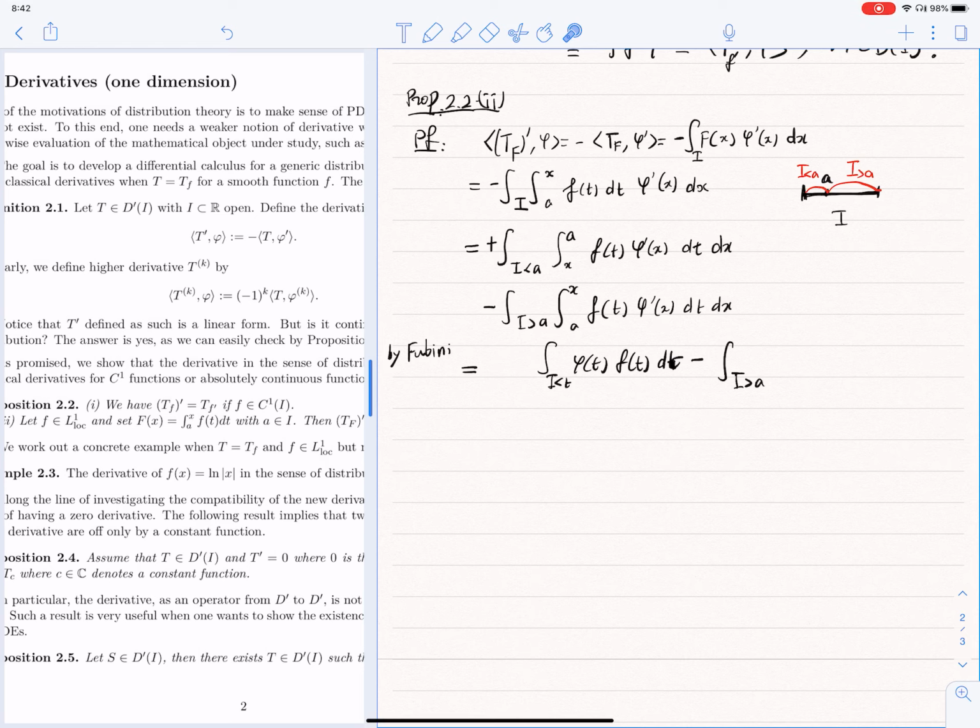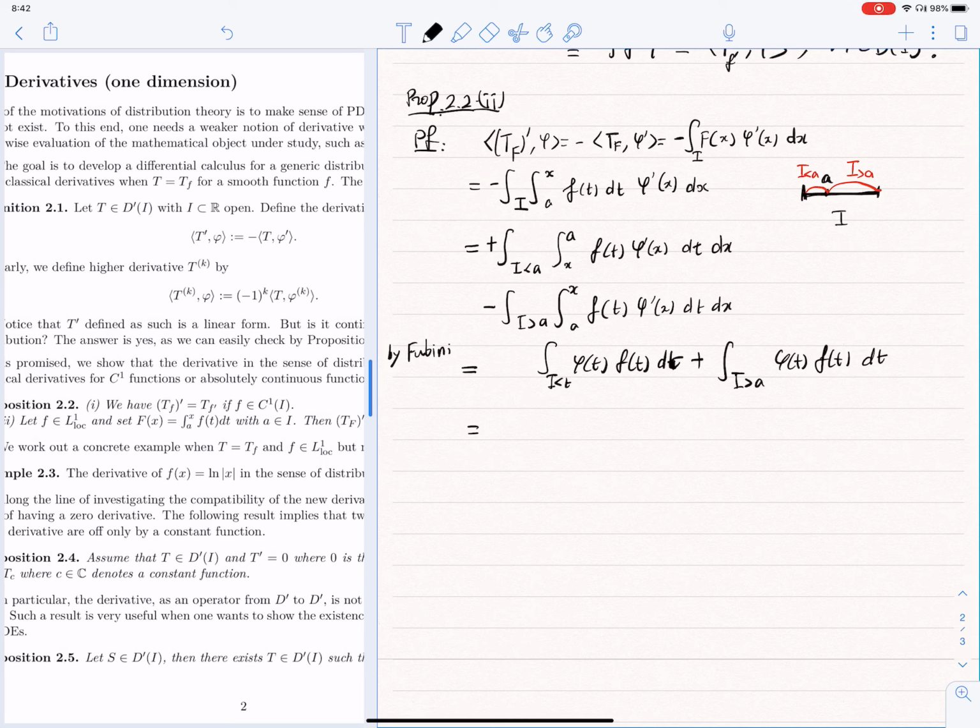So wait a minute, phi prime of x. So t is less than x, then x larger than t. So we have phi boundary value minus phi of t, right? So the negative becomes a plus. We have phi of t, f of t, dt.